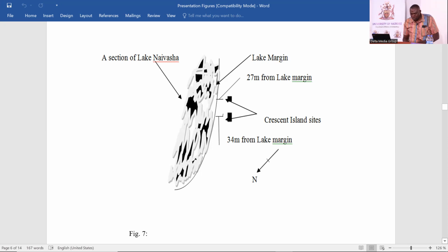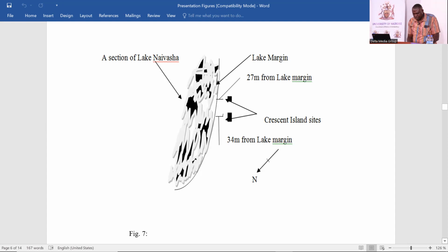And therefore, the assumption is that these people had more than enough space to utilize, and they roamed around the landscape.